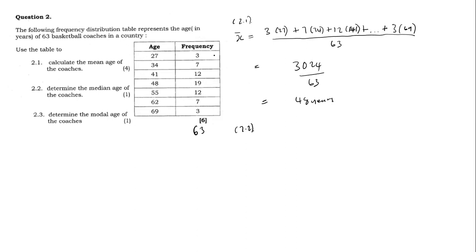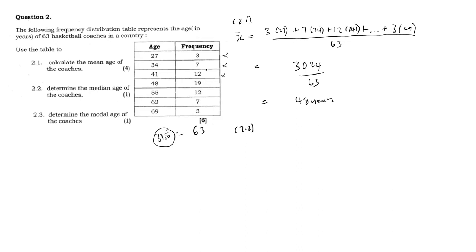And what is half of 63? I think it's 31.5, right? This is half of 63. So we're going to add the frequencies until we get to 31.5. So 31.5 is the middle term. So I'm going to consider adding 3, 7, and 12 firstly. So when I take 3, 7 and 12, how much do I get on my calculator?